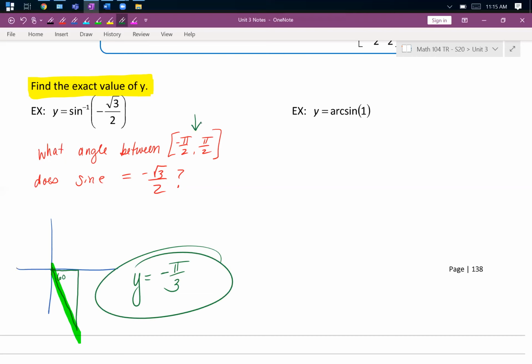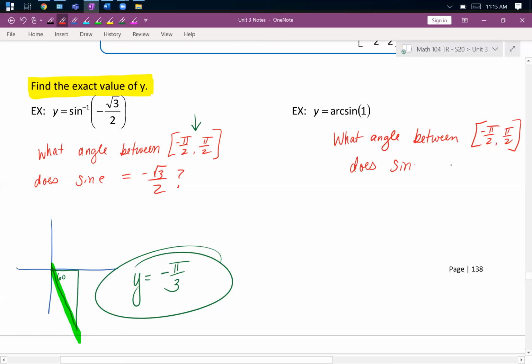And even if you plug this in your calculator, the calculator only ever gives a pure definition inverse answer. So if you plug it in, you're going to get some weird decimal, whatever pi divided by 3 is, negative there. All right, let's try the next one. Let's find y equal to arc sine of -1. So here the question is, what angle between -π/2 and π/2 does sine equal -1?